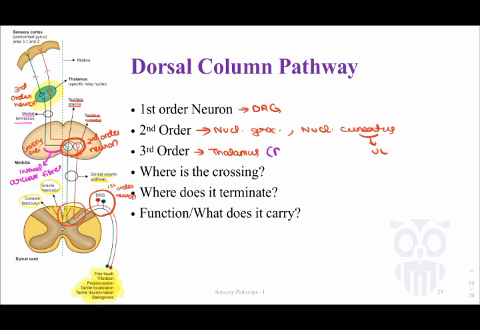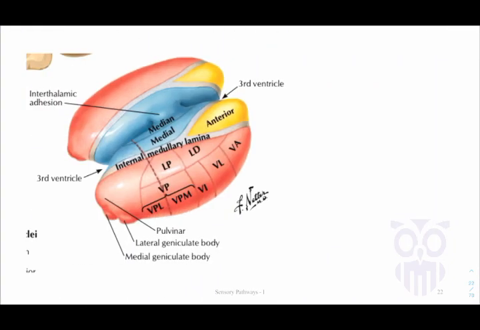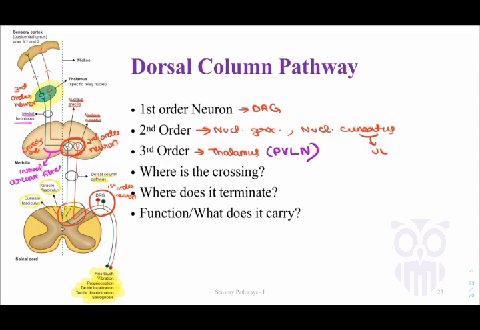So this is the posteroventromedial nuclei. Oh, sorry, my mistake here. It's the posteroventrolateral nuclei, PVLN of the thalamus. So this place, VPL, ventroposterolateral nuclei, third order.